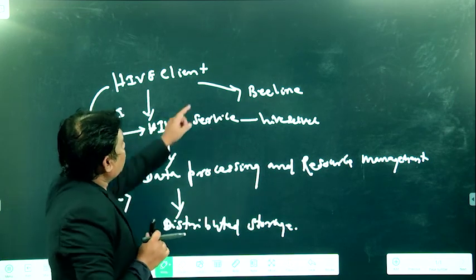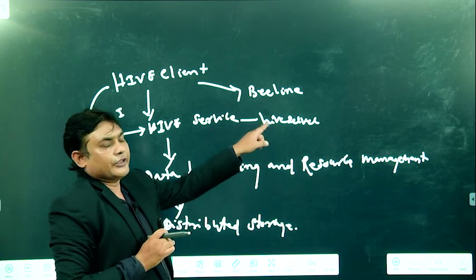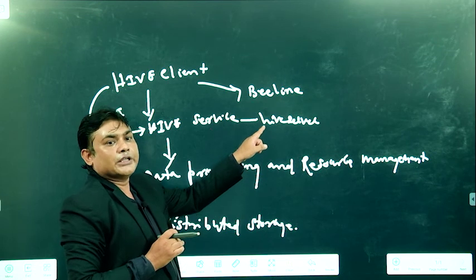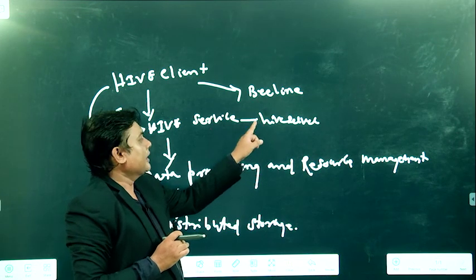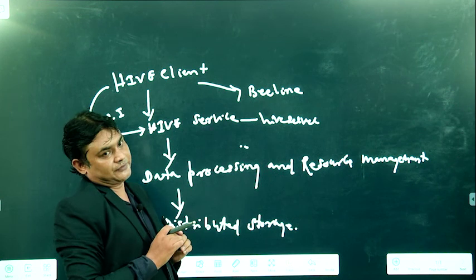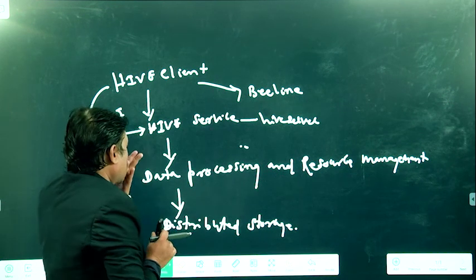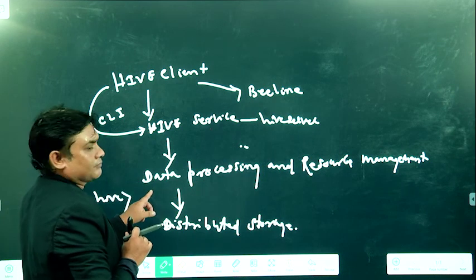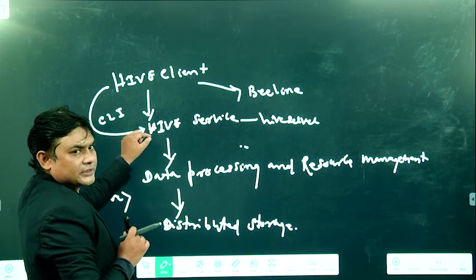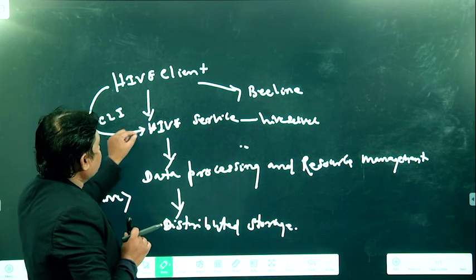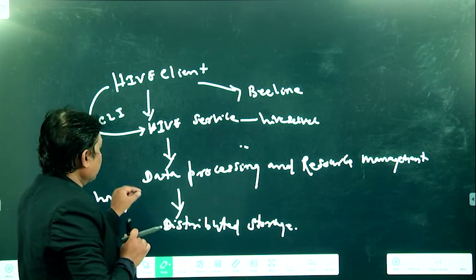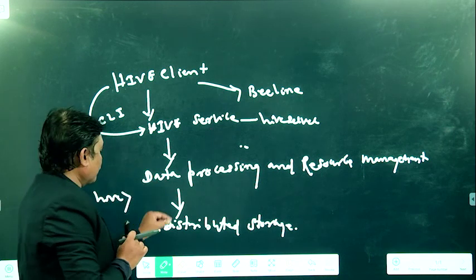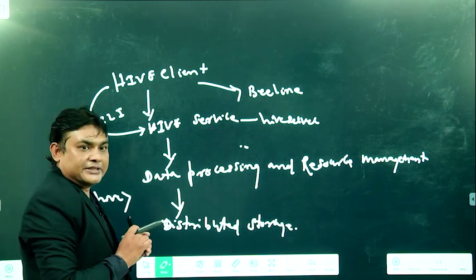If you want to communicate with the Hive server, you can install the Beeline client and connect through JDBC and ODBC, and you can avail the services of the Hive server. Now the next step is data processing. It means we give the queries, those queries are fired, we perform the MapReduce tasks, and we get the results.